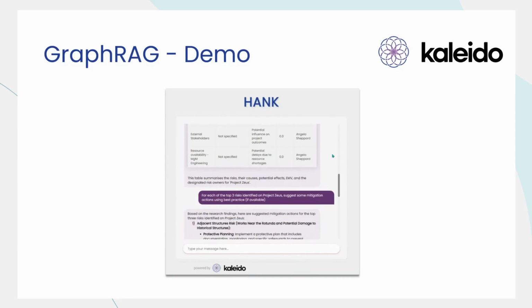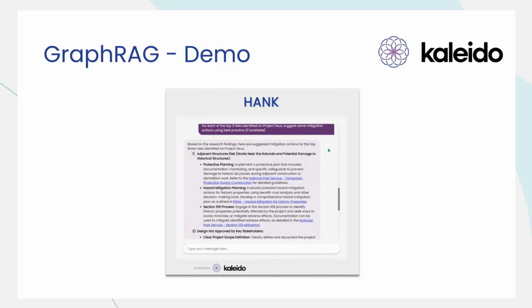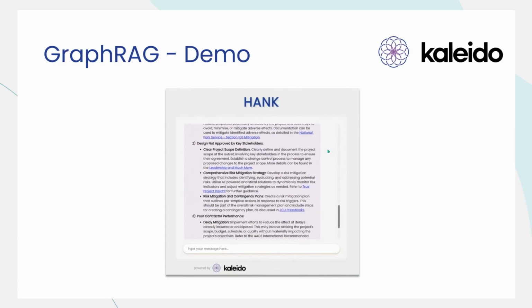As you can see below, we've pulled out for the top 3 risks on Project Zeus some suggested mitigations based off information that the chatbot has found online, as well as through our vector database. So that gives a good demonstration, a little flavour for what's possible.